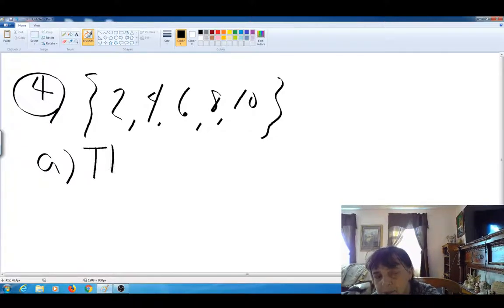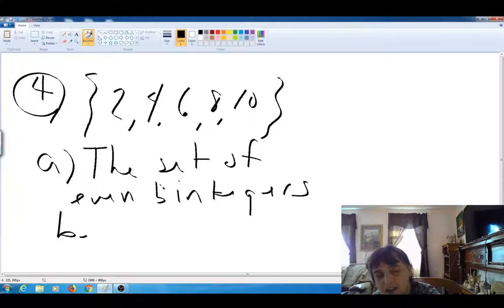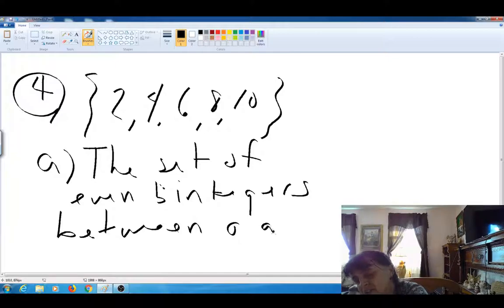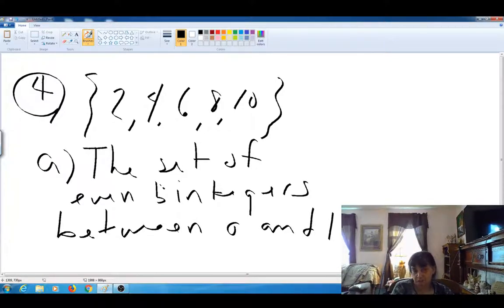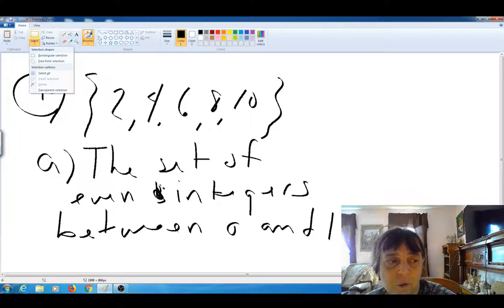I told everybody to make that the set of even integers between 0 and 11. Okay, so that means it does not include 0 and 11. This B here should not be here. So now the other choices I'm not going to bother writing down.